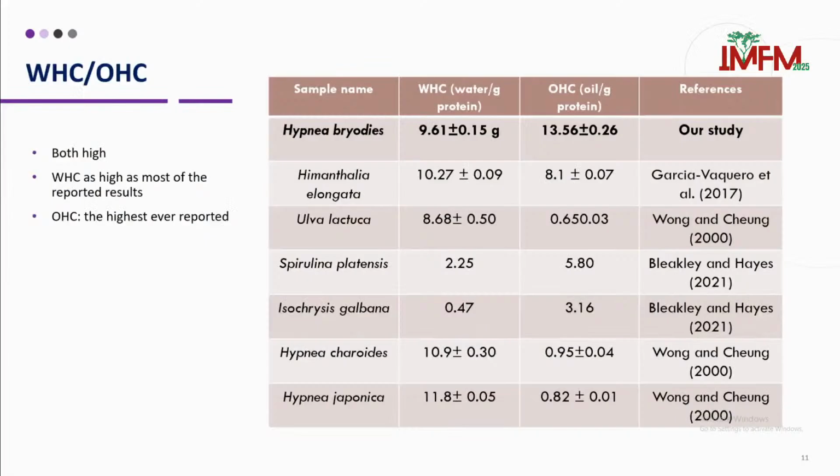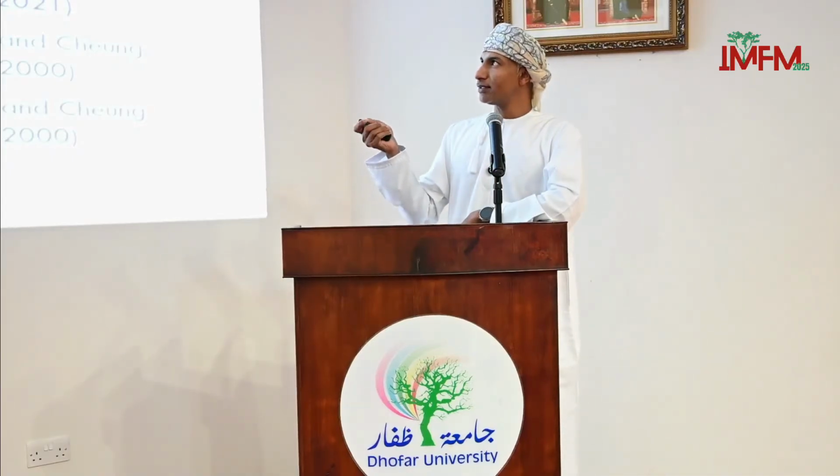Okay, how about the functional properties, water holding capacity and oil holding capacity? These are very important properties when we talk about food additives. As you can see, the water holding capacity and the oil holding capacity are both high. And it's very comparable with Hemithelia elongata.